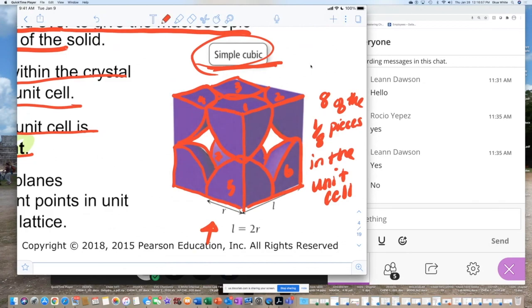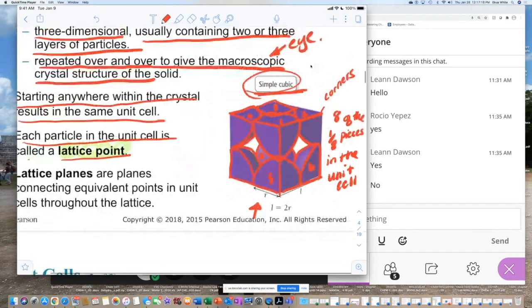Does anybody have any questions? So simple cubic will always have 8 of the 1/8 pieces of a whole atom in the unit cell. Okay, and remember, these are called corners. So the 1/8 pieces are in the corners of the unit cell.